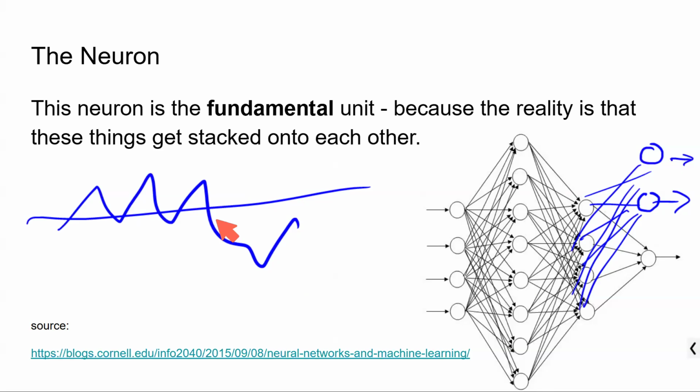So the sigmoid is happening within here. This is maybe not the best example, but the sigmoid is happening at this point inside of here before that data comes out.